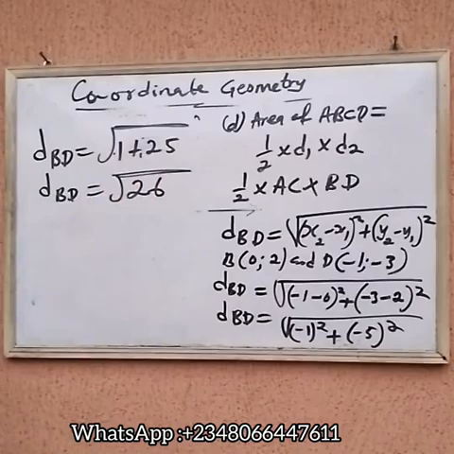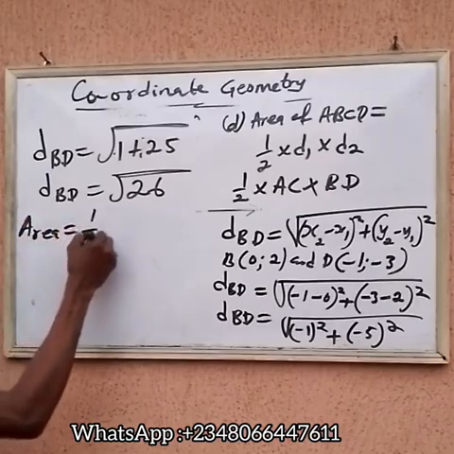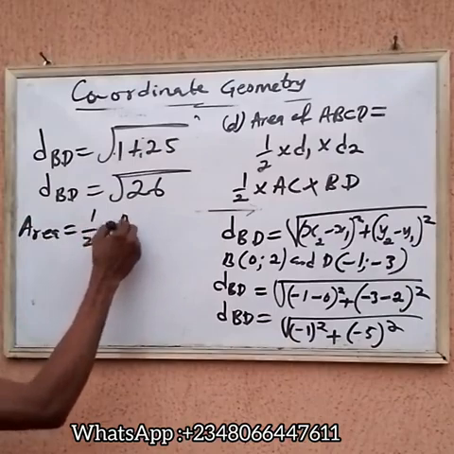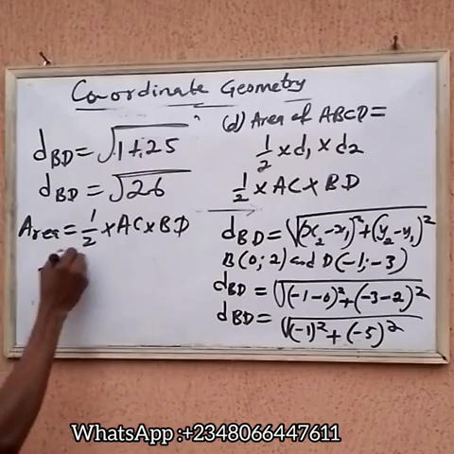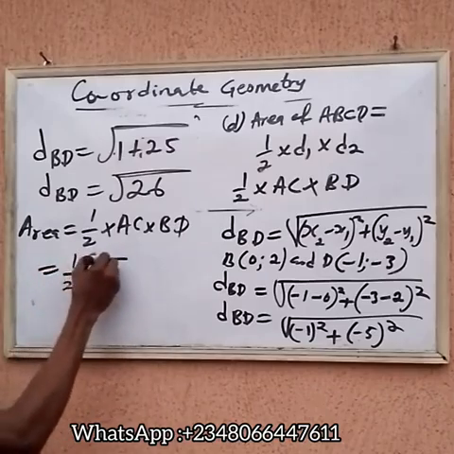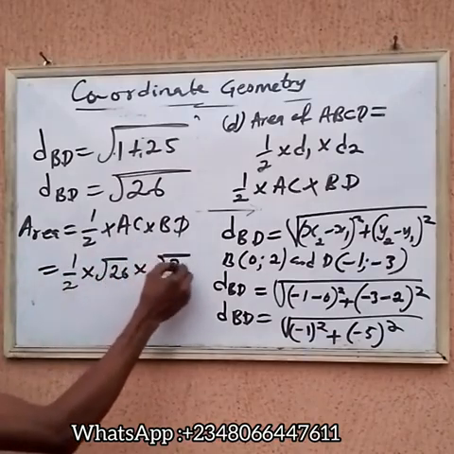Since we have already calculated AC to be square root of 26, the area is equal to half times AC times BD. Half times AC, the square root of 26, times BD, also the square root of 26.